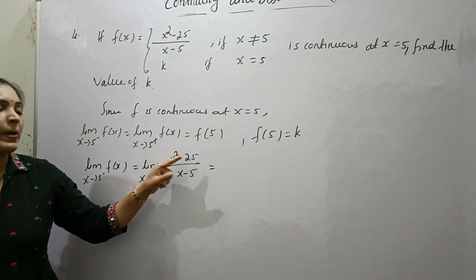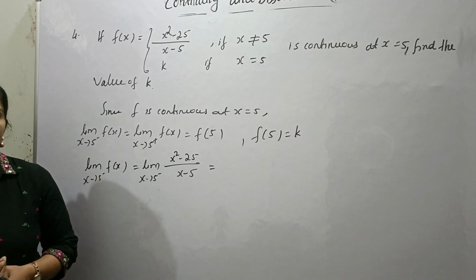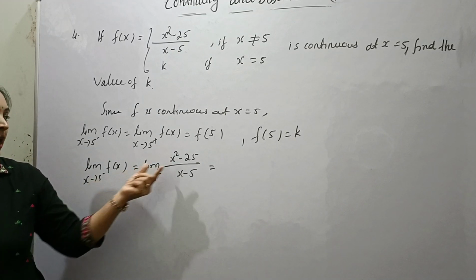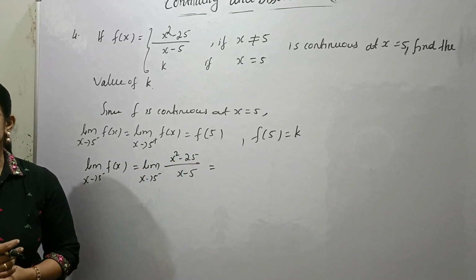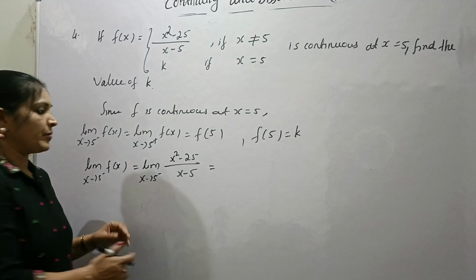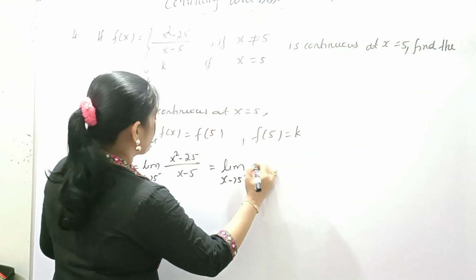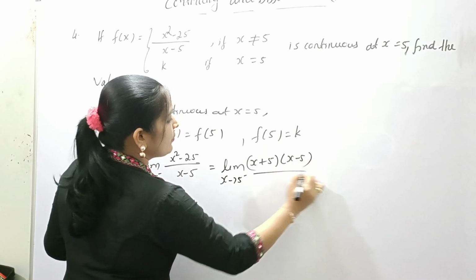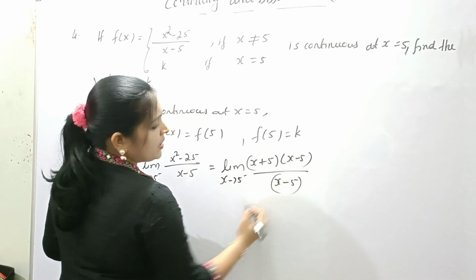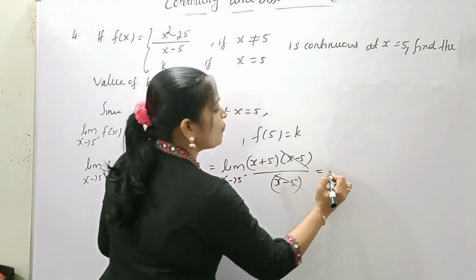Here, x square minus 25 can be written as x plus 5 into x minus 5. It is in the form of a square minus b square, right? So a square minus b square is nothing but a plus b into a minus b. So this can be written as limit x tends to 5 minus of x plus 5 into x minus 5 divided by x minus 5. So this x minus 5 cancelled. Okay.